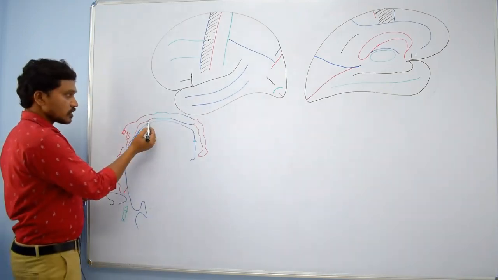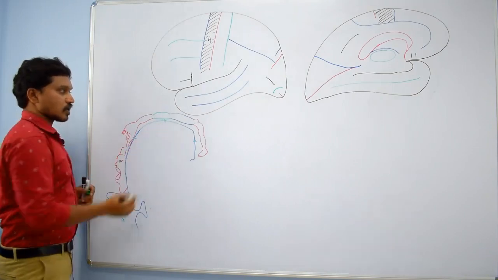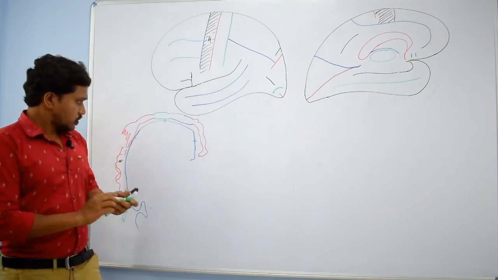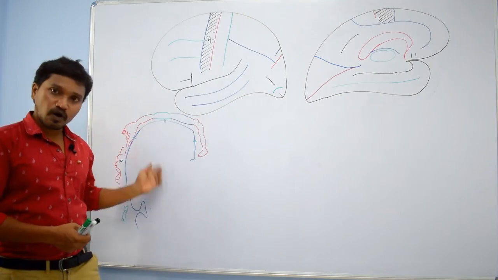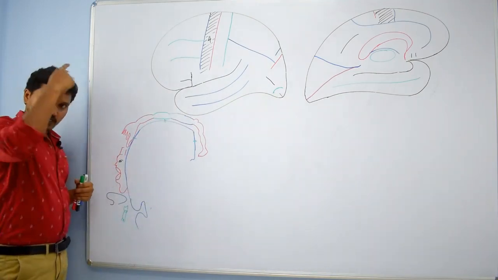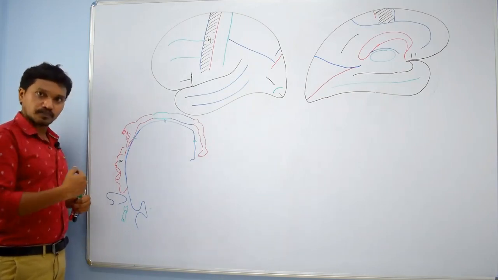If you stimulate here, contraction of arm muscles, right? So that is the representation. The total body is represented upside down except the face. The face is not an upside down representation, it is vertical only. Clear?